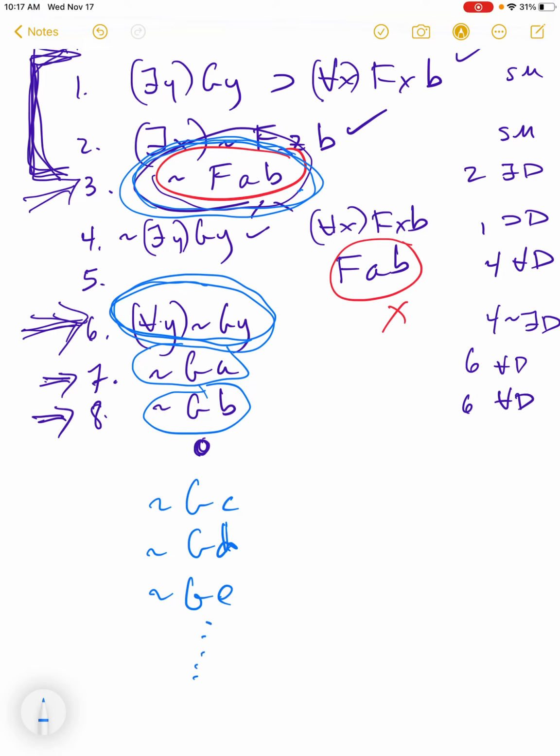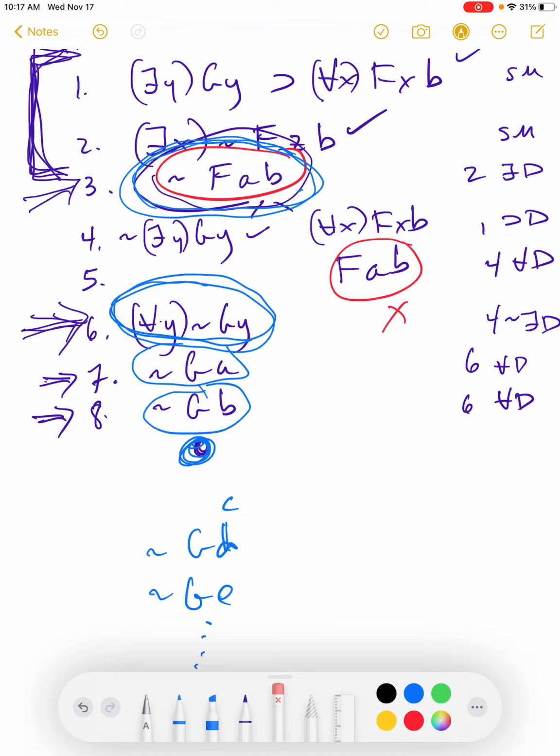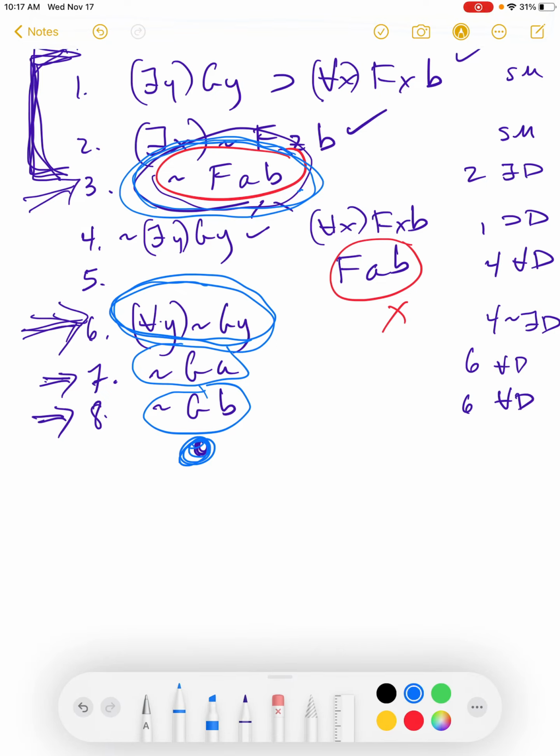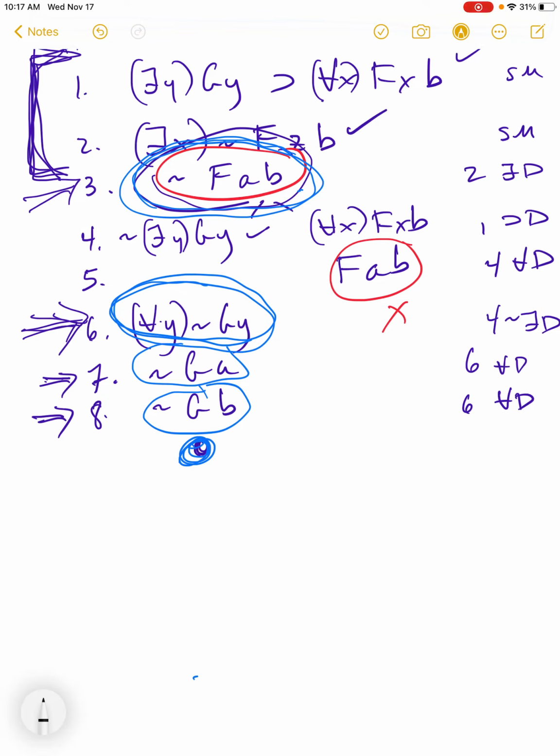But it's clear that no matter what substitution instance we write down, we're never going to get that branch to close. Moreover, we've added the instances using all of the constants that appear higher up on that branch. So we've done everything that we can do, and there's just no reason to write down any more instances of it. Okay, so the answer to our question, what do we mean by a completed open branch?